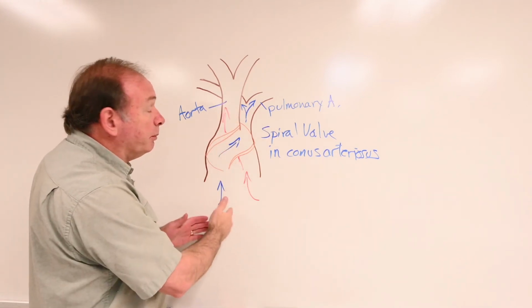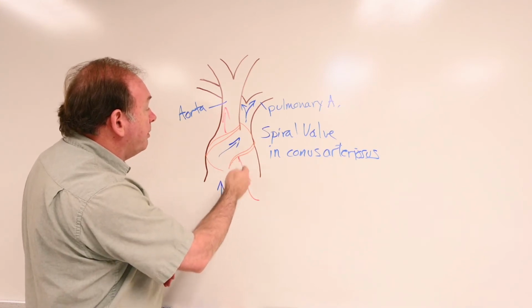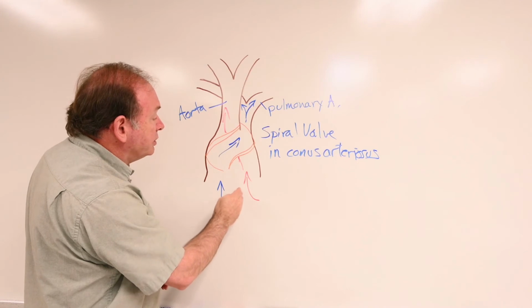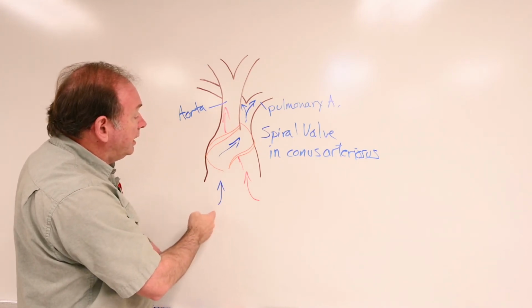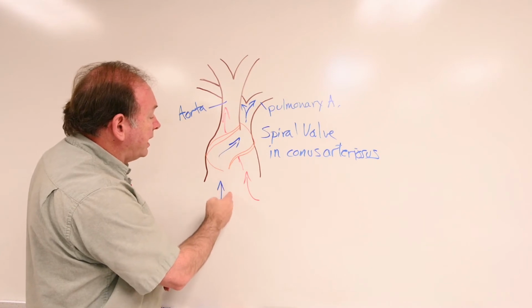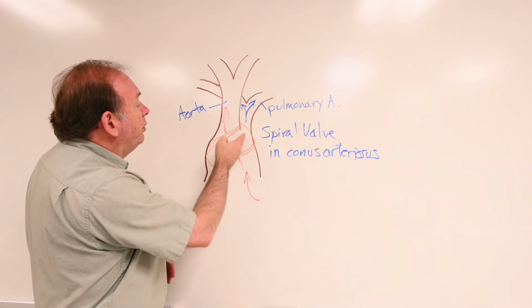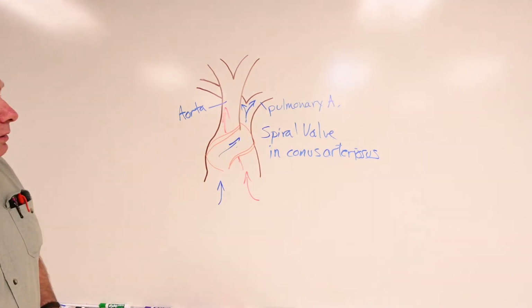In mammals, we have complete separation back here, so all of the oxygenated blood on the left is routed behind the pulmonary and into the aorta, and all of the right side blood stays on its specific side, that's the right ventricle, and is routed up through the pulmonary trunk into the pulmonary arteries that go to the lungs.